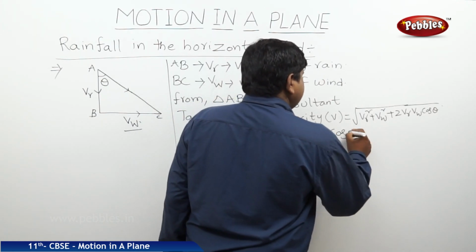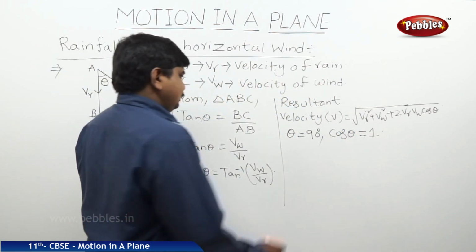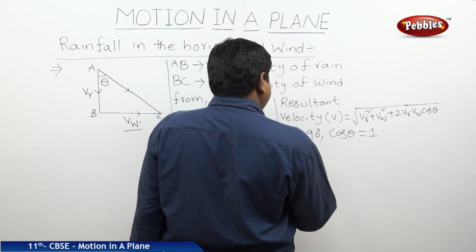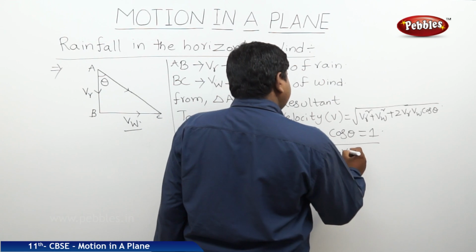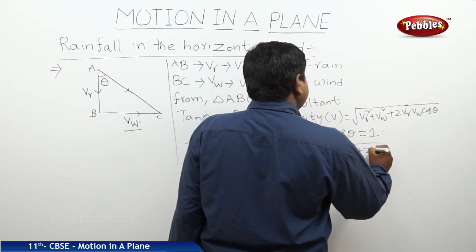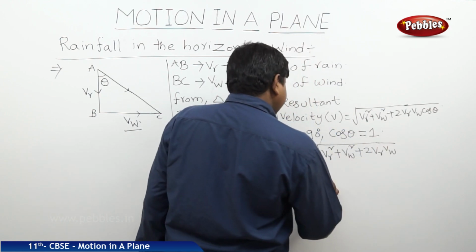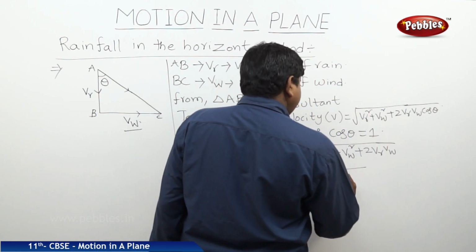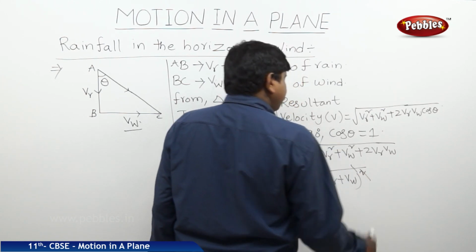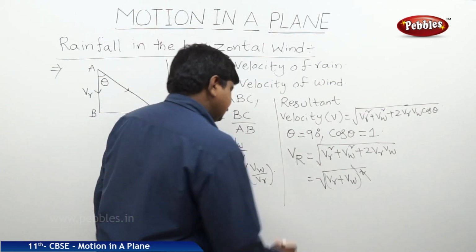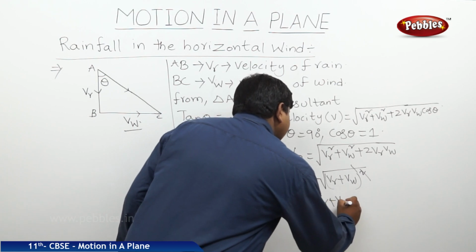Therefore, cos theta is equal to 0. Therefore, resultant velocity VR is equal to square root of V small r square plus VW square plus 2 VR VW. This will become square root of VR plus VW whole square, where square root and square get cancelled. Therefore, V capital R is equal to V small r plus VW.